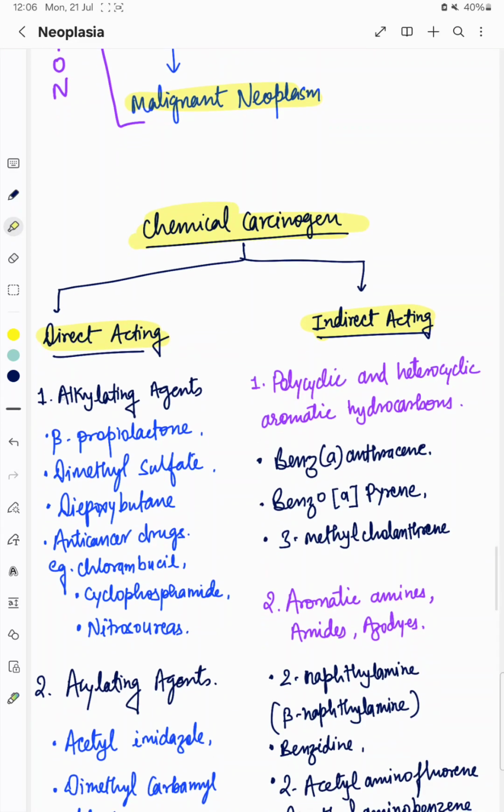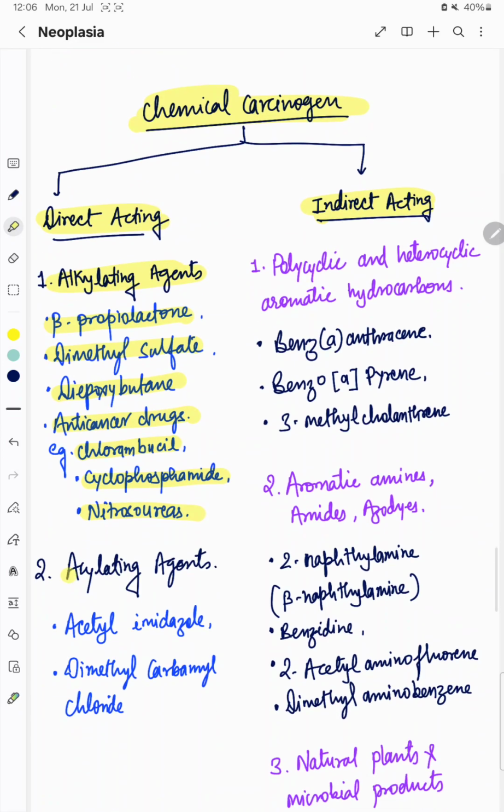In this category, we have alkylating agents like beta-propiolactone, dimethyl sulfate, diepoxybutane, anti-cancer drugs like chlorambucil, cyclophosphamide and nitrosoureas, and acylating agents like acetylimidazole and dimethyl carbamyl chloride.